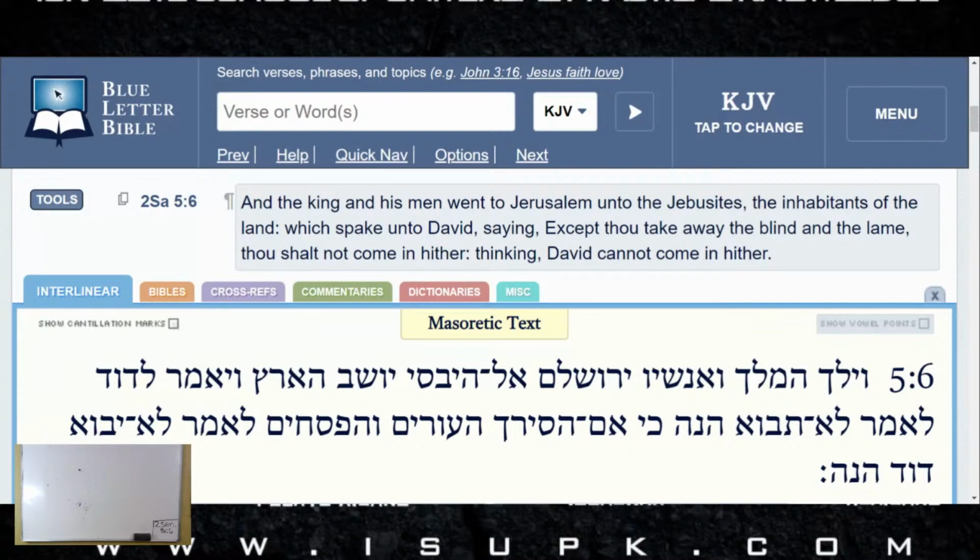And the king and his men went unto Jerusalem, unto the Jebusites, the inhabitants of the land, which spake unto David, saying, except thou take away the blind and the lame, thou shalt not come in hither, thinking David cannot come in hither.